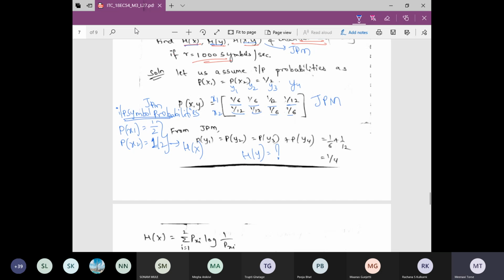Now the next question is how to compute the probability of output symbols. From the JPM property, by adding the elements column wise, we can compute the probability of output symbols. So probability of y1 is 1 by 6 plus 1 by 12. Probability of y2 is also 1 by 6 plus 1 by 12.